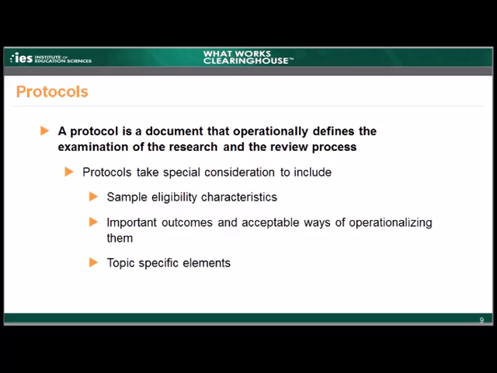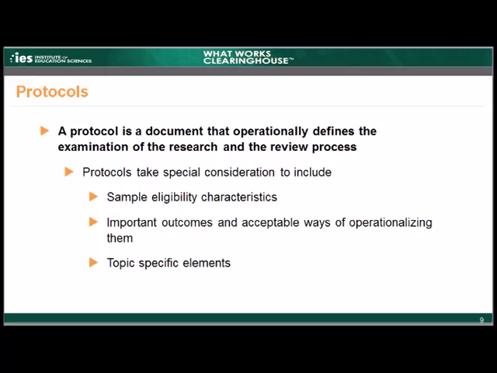However, some aspects of the WWC standards depend on the context of the research question and therefore cannot be specified in the handbook. To address this, the WWC develops documents known as protocols. Protocols provide more specific guidance on the parameters of the review, such as sample eligibility characteristics, and on other elements related to the evaluation of studies. Both the handbook and the associated protocols are available on the WWC's website.